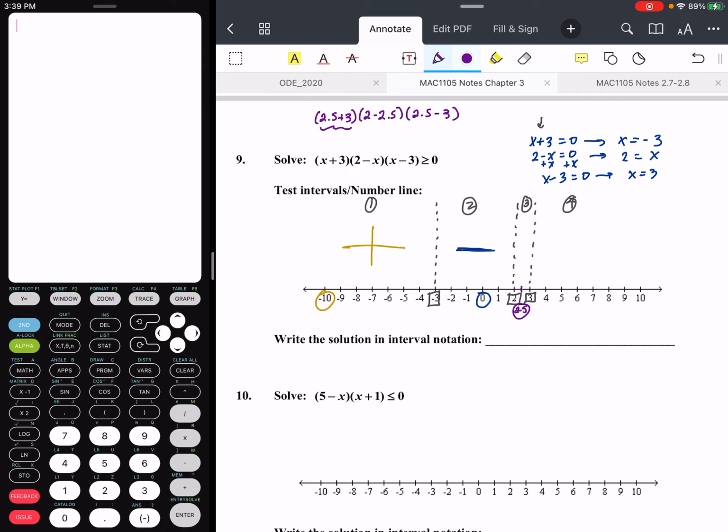So 2.5 plus 3 gives me a positive. 2 minus 2.5 would give me a negative. And then 2.5 minus 3 would give me another negative result. A positive times a negative times a negative. 2 negatives multiply to a positive. So I end up with an overall positive result in that interval.